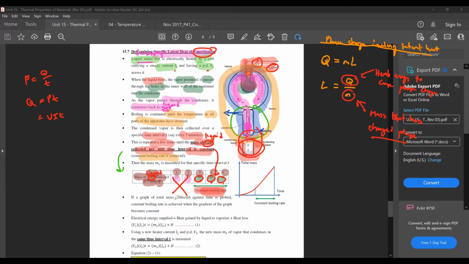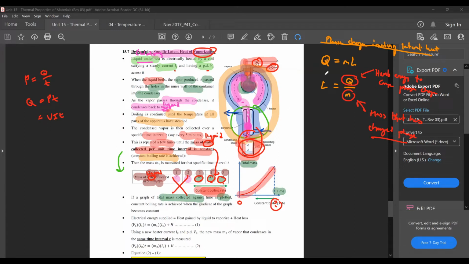Say for example, if I told you that we plotted a graph of the total mass collected against time, this one is the graph, total mass against time. You continue collecting the mass from t equals 0 to some value, and then you plot a graph. The graph looks like this.